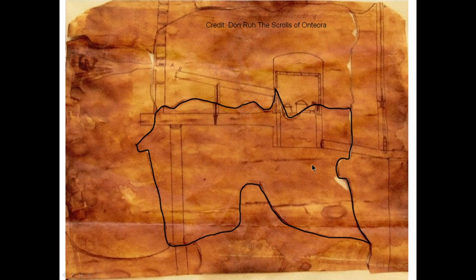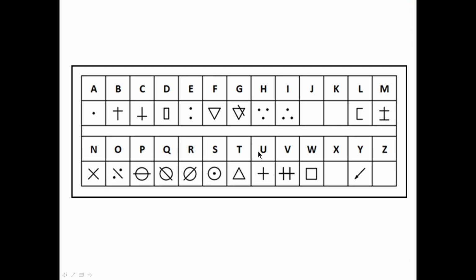I've showed this many times in videos, but you can see here I've outlined, this is the middle piece of this puzzle that shows this diagram of the Antiar schematic, the tunnel system. So this is the complete cipher and their letter values.